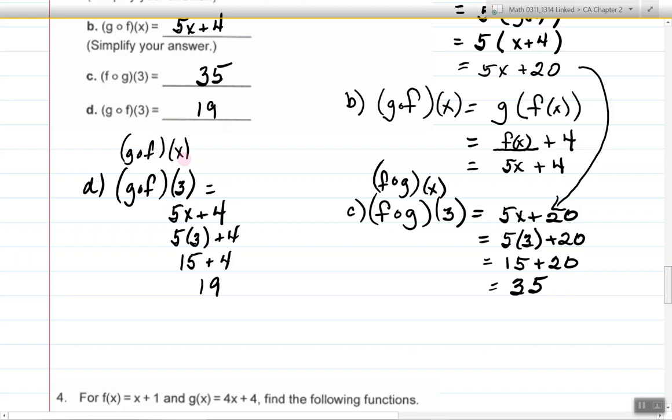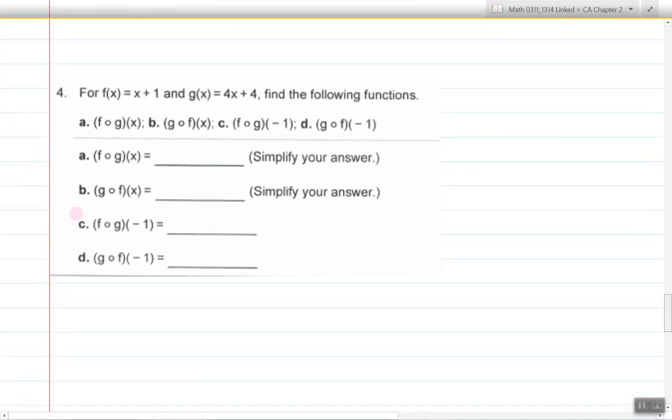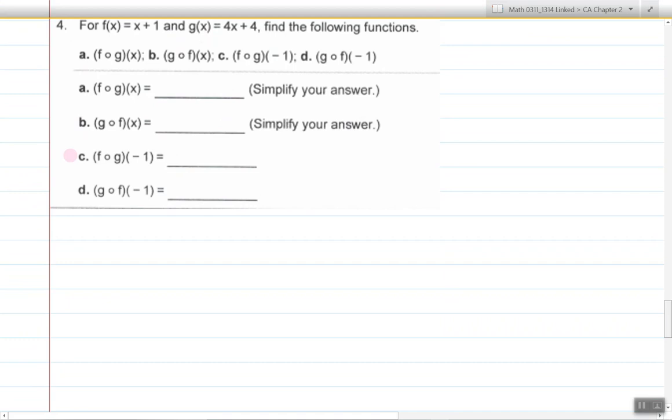Let's look at problem number 4. I think I'll start down here. We have A, we're supposed to find f composed with g of x. That means f of g of x. So g needs to go into x, the f function for x.